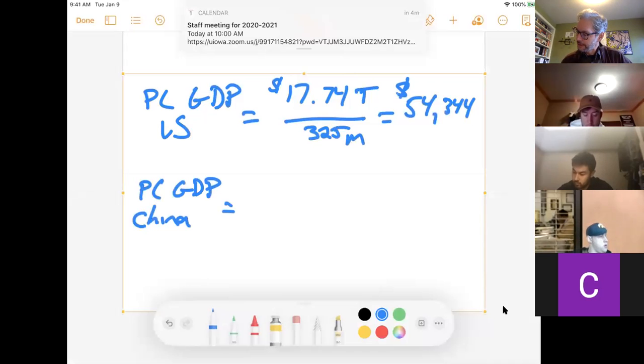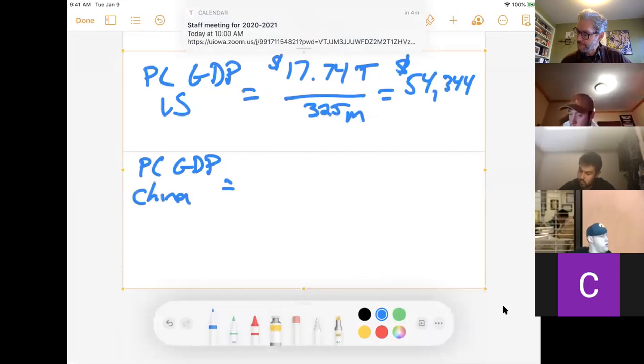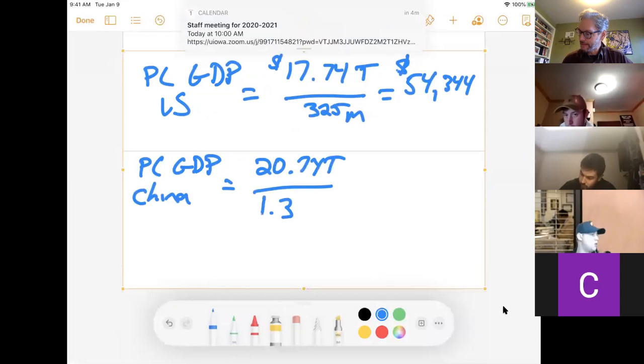We just calculated that China has 20.74. But they have about 1.386 billion people.